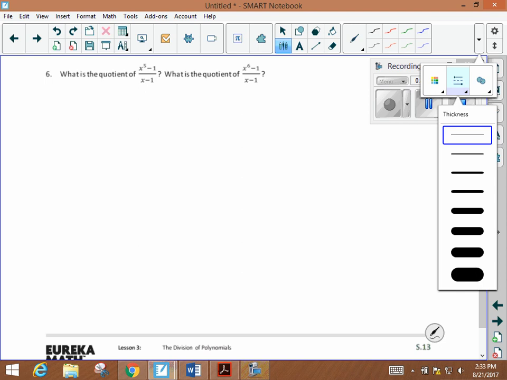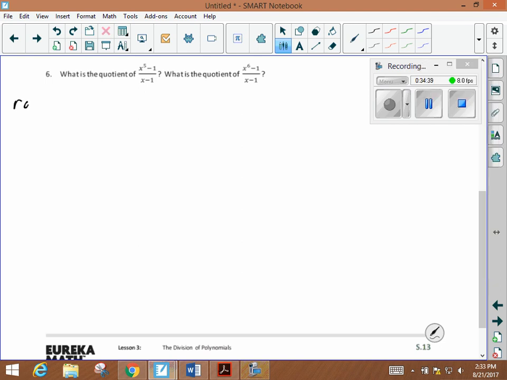All right, so let's figure out how many rows. Once again, it's going to be 1 plus 1, because the degree of our denominator is 1, and we're going to add 1. In our columns, it is going to be 5, right?